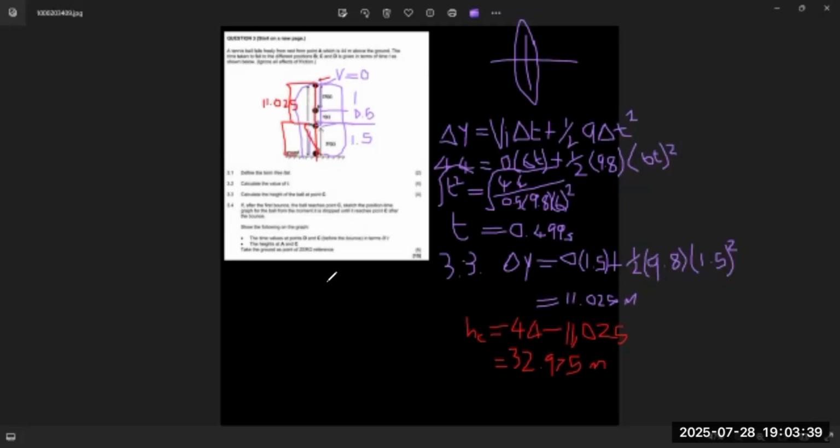If they say take the ground as 0 reference, you'll see on the sketch how we'll take it.